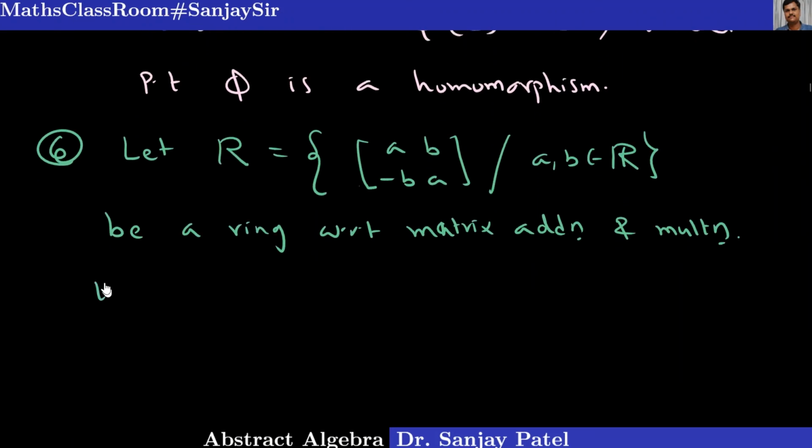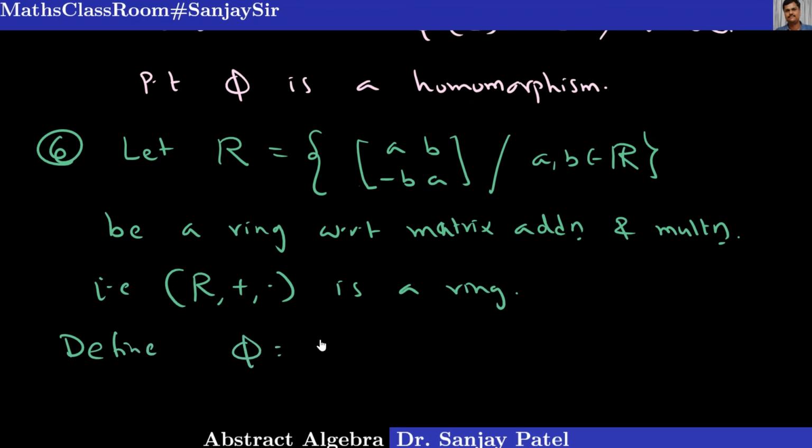R, plus, dot is a ring of matrices of this form, and plus and dot are the addition and multiplication of matrices. Then I define a function phi from C, plus, dot, that is the set of complex numbers, meaning the ring of complex numbers, to this ring R, plus, dot.